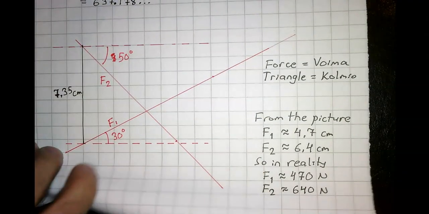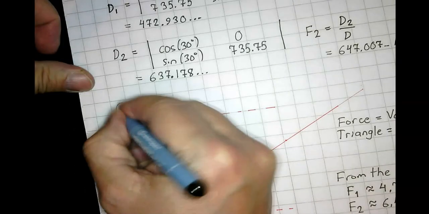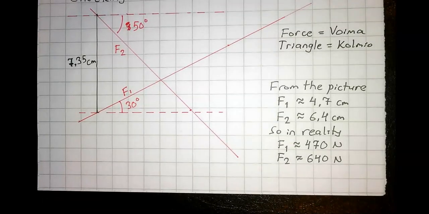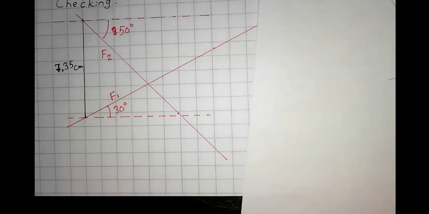I don't think it is necessary to waste a lot of time checking by drawing, but many times you can get some kind of vision of the approximate values by drawing some kind of figure by hand.